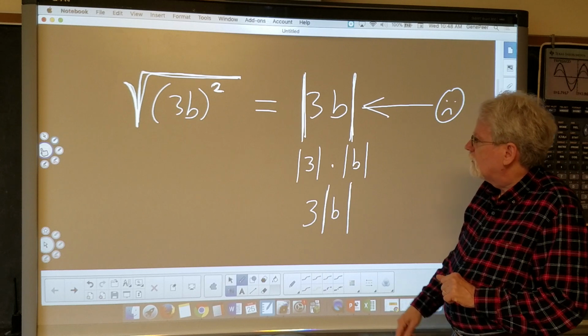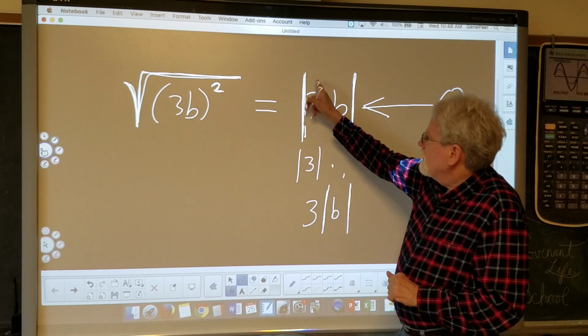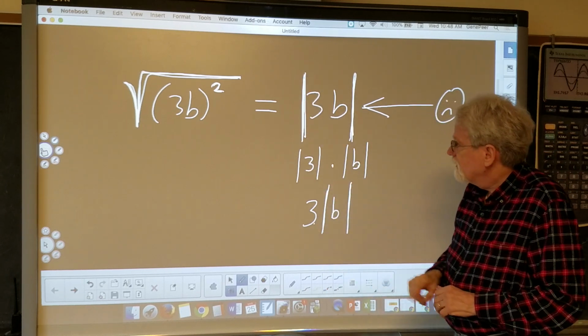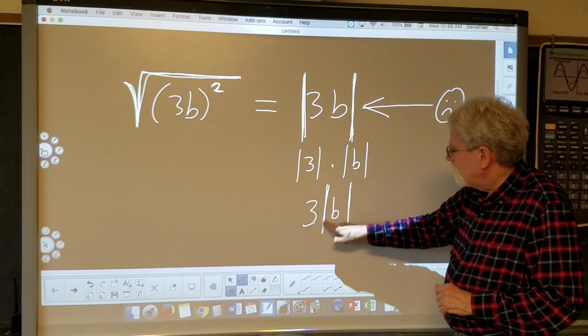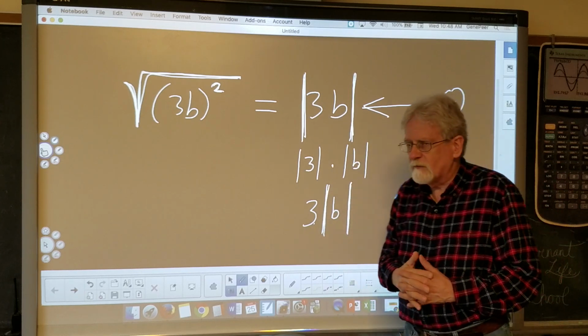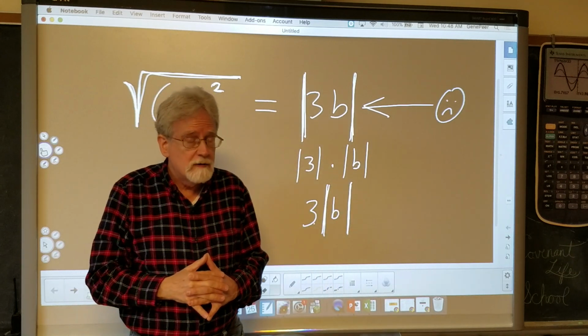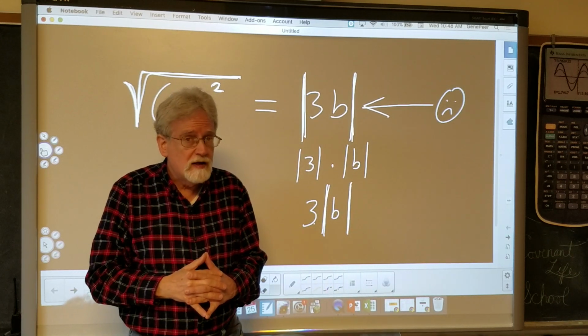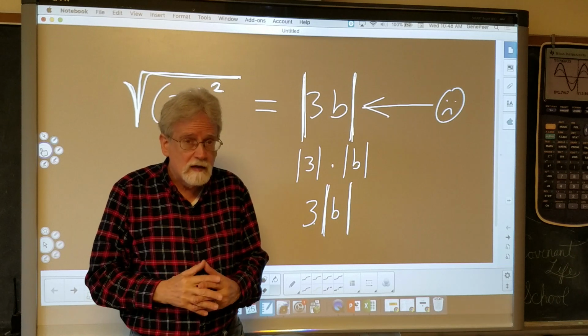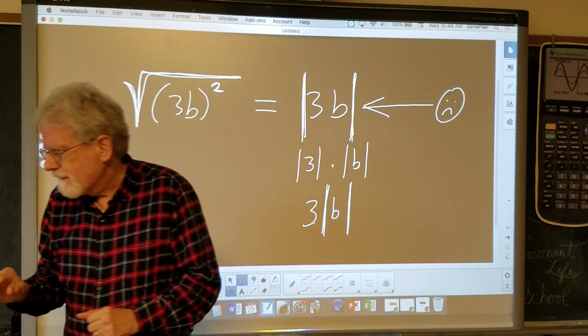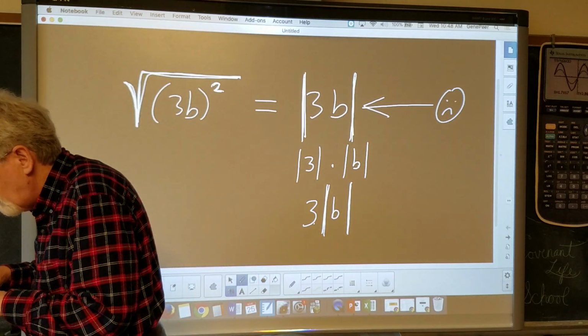We'll get to that later. So the 3 comes out. We're left with the b inside because we don't know what the absolute value of b is. It might be b, or it might be the opposite of b, depending on whether b is positive or negative to start with. Oh, I know this is kind of tricky.